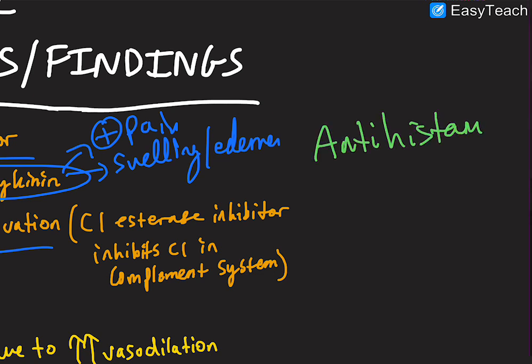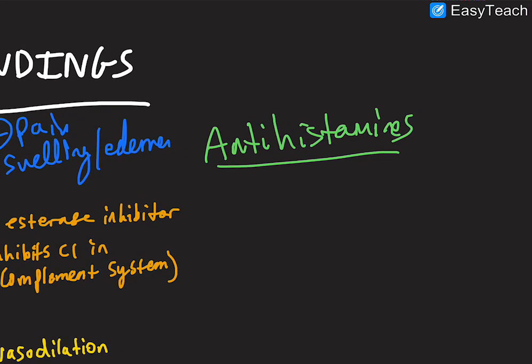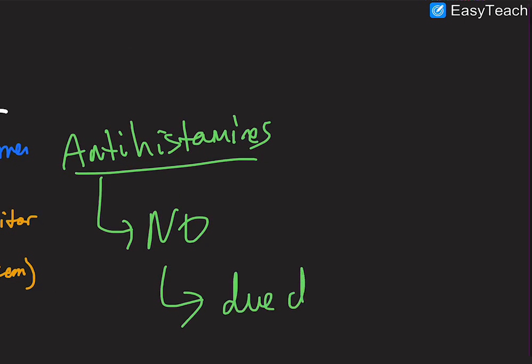The answer would be no, because the swelling, increased inflammation, vasodilation, and edema are not due to histamine or an allergic reaction, they're due to bradykinin. So you would not want to give antihistamines, because all of this is due to bradykinin, not histamine.